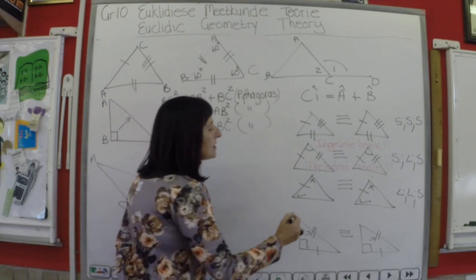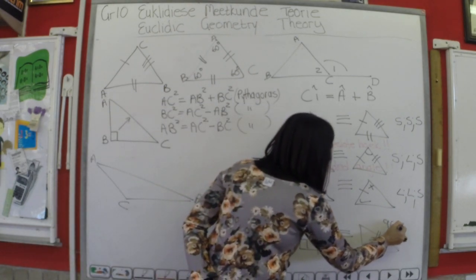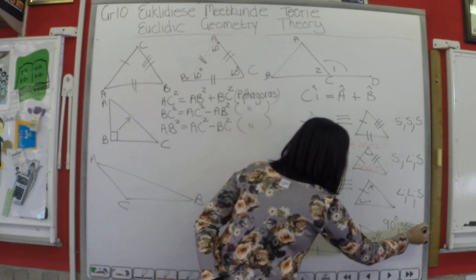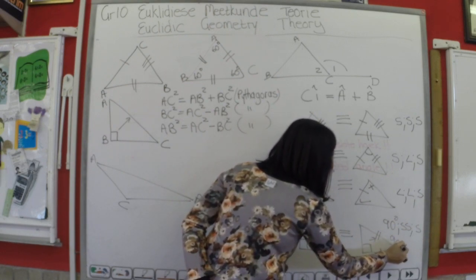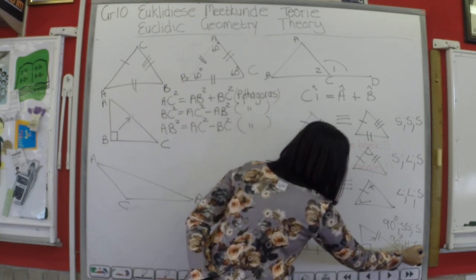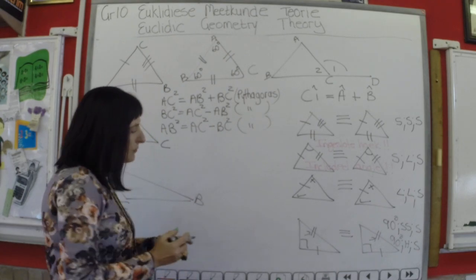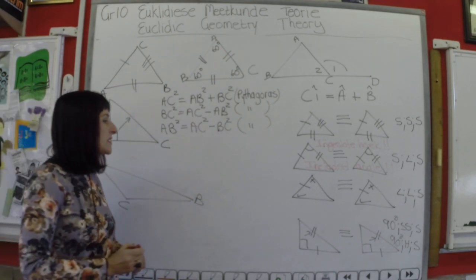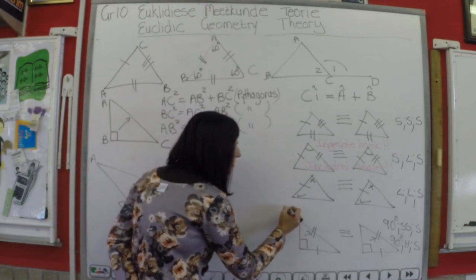So my rede hier gaan wees 90 grade, skynsy, sy. 90 degrees, hypotenuse, side. Goed. What's very important with the last one is that the hypotenuse must be included.